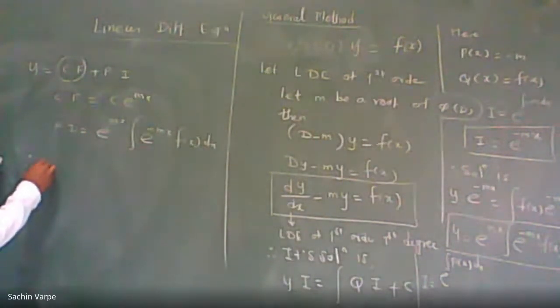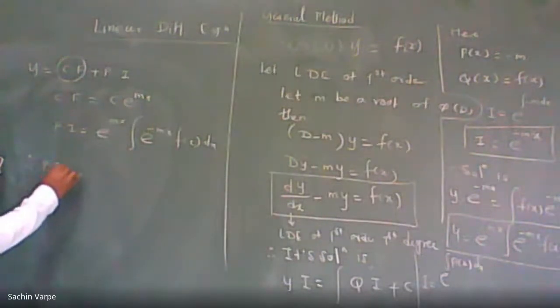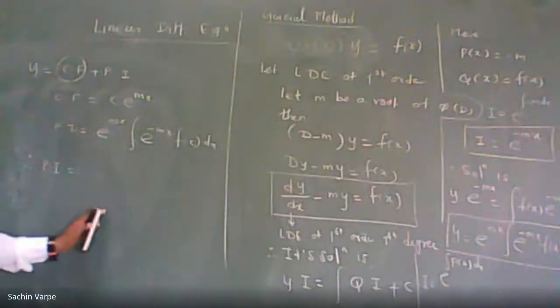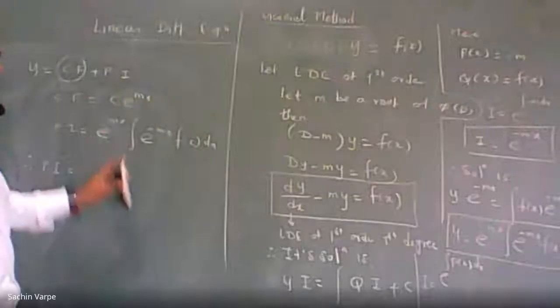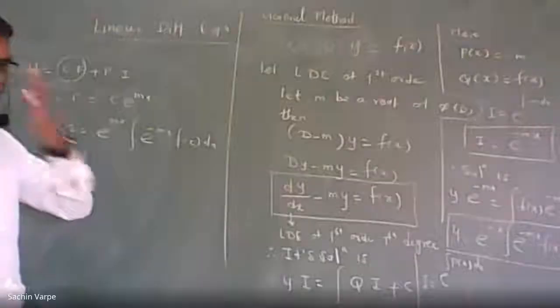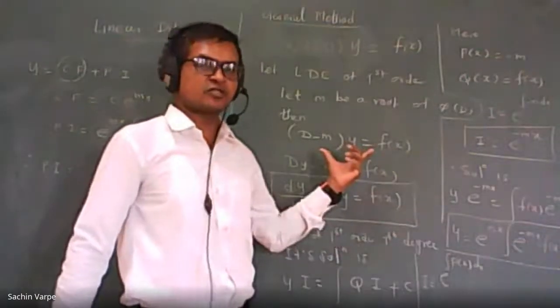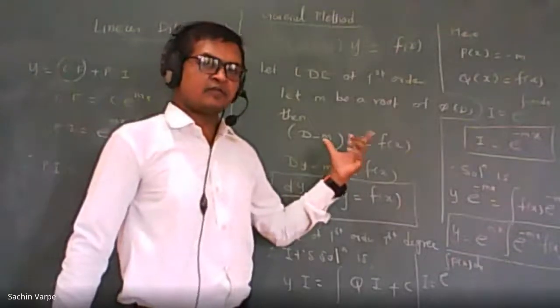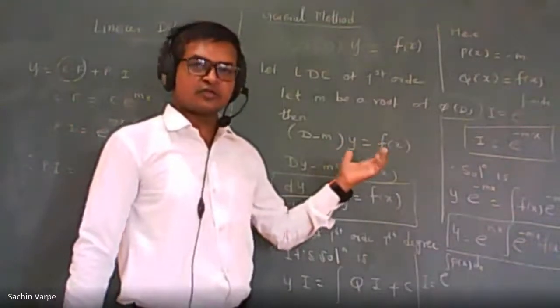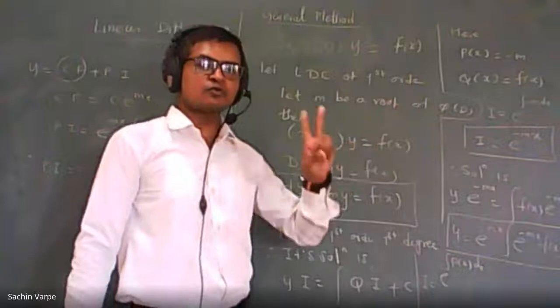Am I audible? Hello? Yes, sir. Sir, in that PI, is one term missing? C e raised to minus mx? No, e raised to mx? No. See, here actually that was the general solution, right? That was the complete solution of linear differential equation of first order, first degree. And we have discussed that a linear differential equation with constant coefficients involves two sub-solutions.